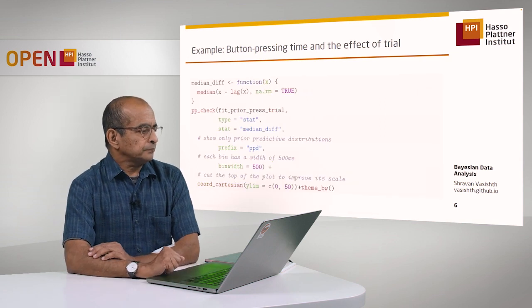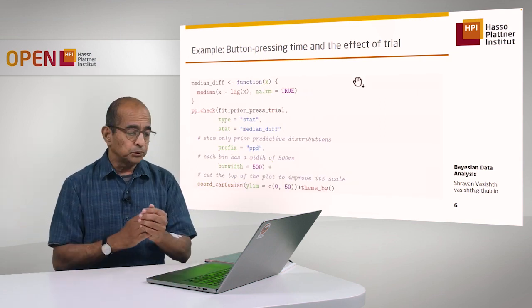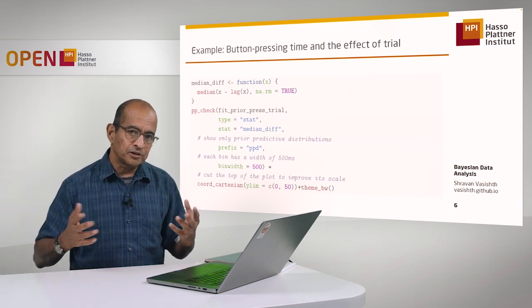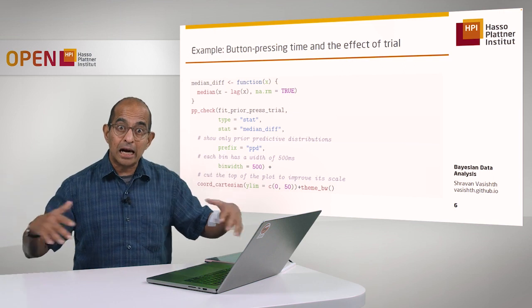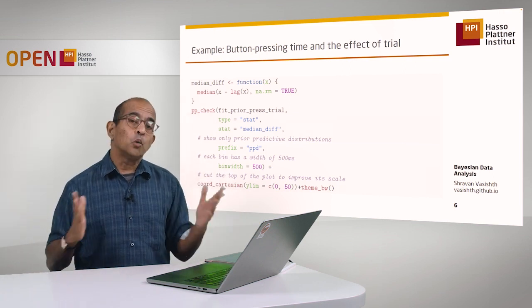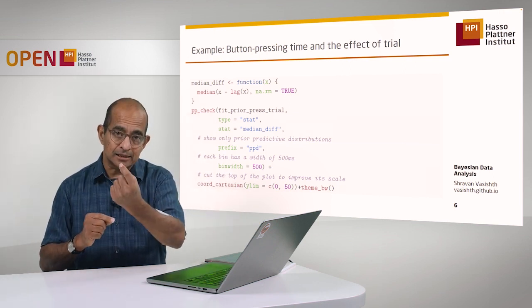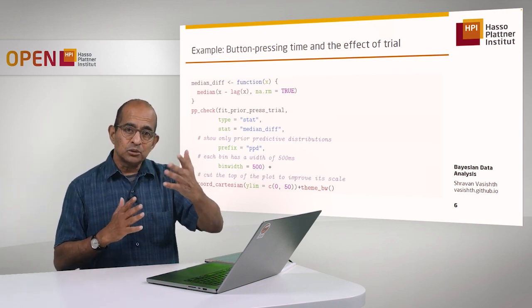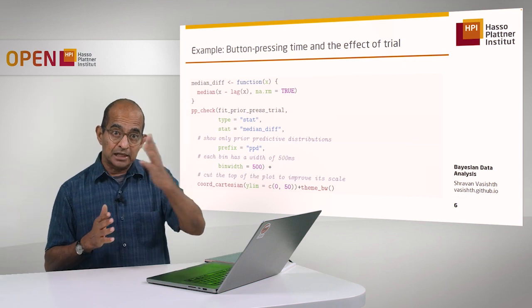All right. So one other thing you can do to understand whether your prior predictive distributions are reasonable or not is, instead of looking at the prior predictive distribution per se, you can look at some statistic from the prior predictive distributions that tells you what the range of variability of that statistic is.